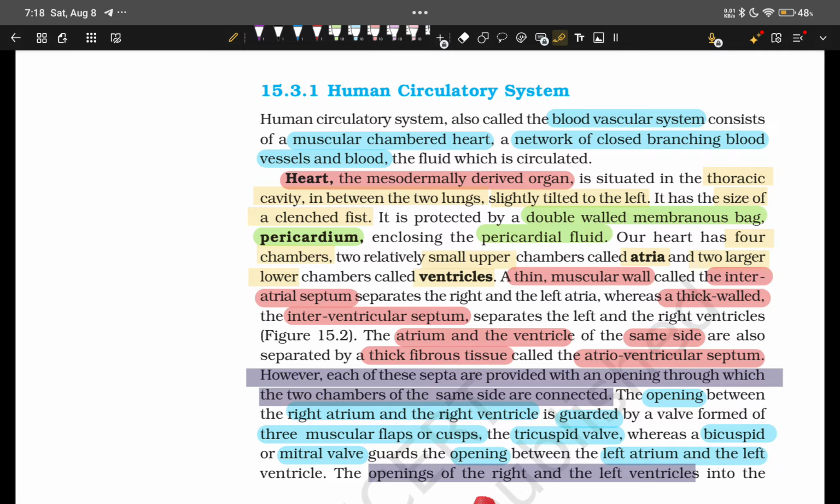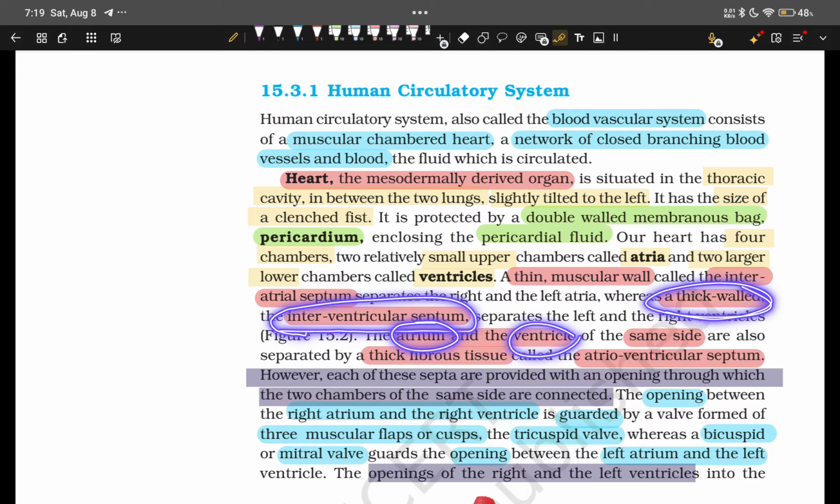Now our heart has four chambers: two smaller upper chambers called atria and two larger lower chambers called ventricles. The two atria are separated by a thin muscular wall called the interatrial septum, and the two larger ventricles are separated by a thick walled septum called the interventricular septum.